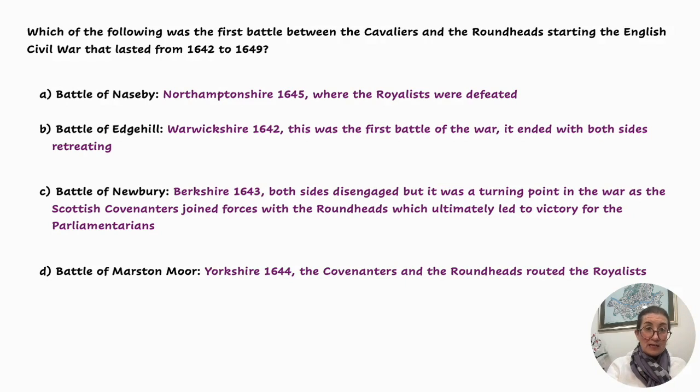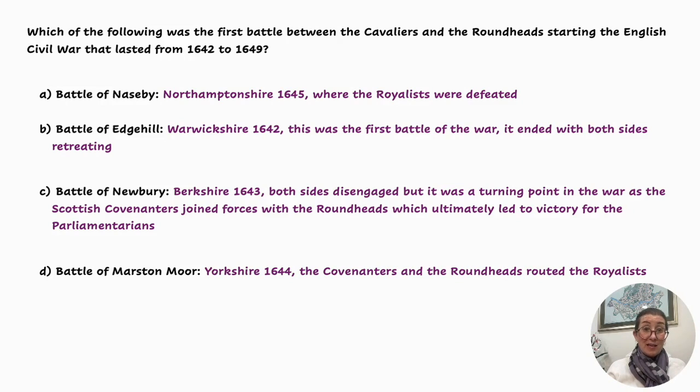So the Battle of Naseby was in Northamptonshire in 1645, and the Royalists were defeated. The Battle of Edgehill was in Warwickshire in 1642, and this was the first battle of the war. It ended with both sides retreating. The Battle of Newbury was in Berkshire in 1643.